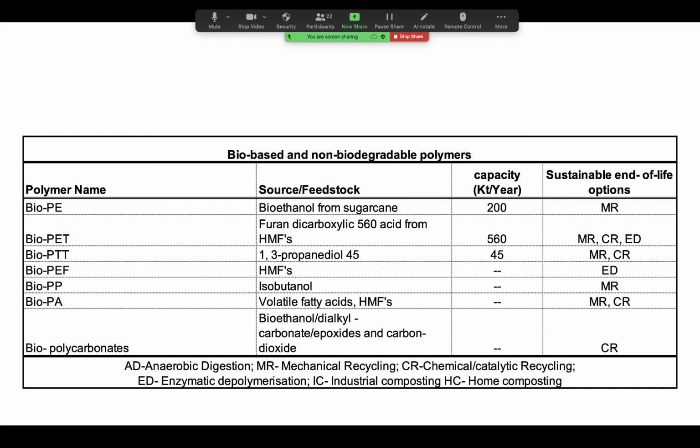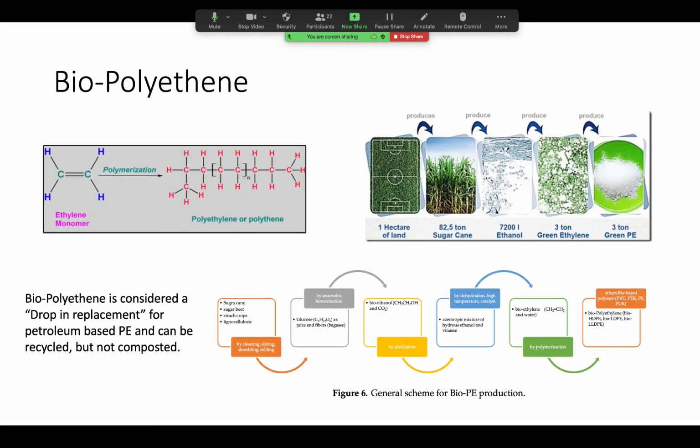They don't biodegrade as well. And these are things like biopolyethylene, right? Biopolyethylene is made out of sugarcane or beets or starch crops.